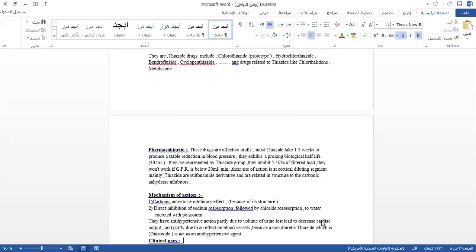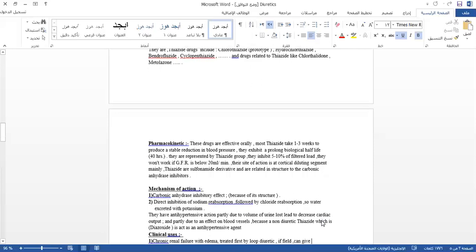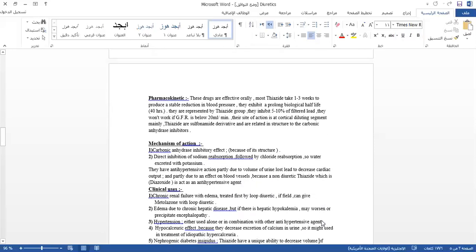For this reason, the mechanism of their action is represented by two actions. First, carbonic anhydrase inhibition. They inhibit this enzyme because they are structurally related to the sulfonamides, which have the ability to inhibit carbonic anhydrase.